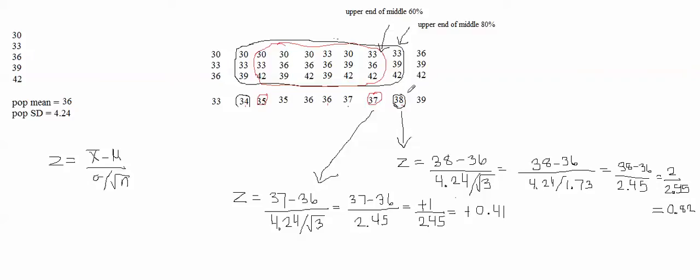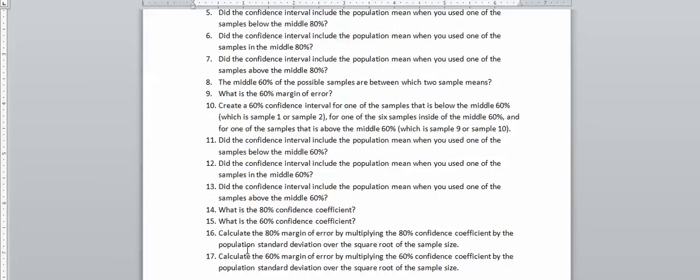The next question asks you to calculate the margin of error using a formula. Calculate the 80% margin of error by multiplying the 80% confidence coefficient by the population standard deviation over the square root of the sample size. That's number 16.